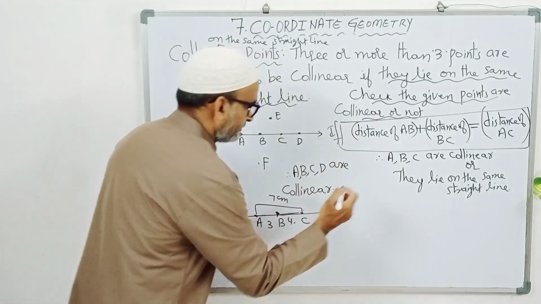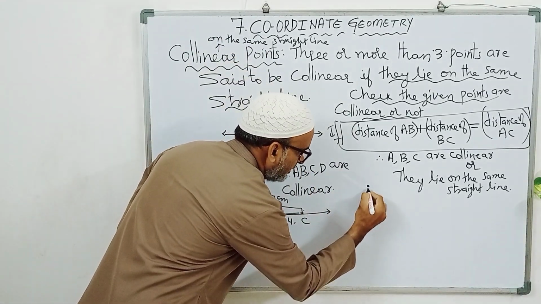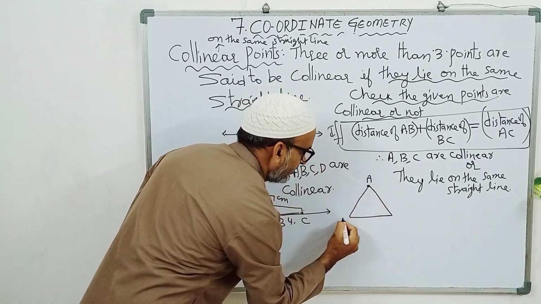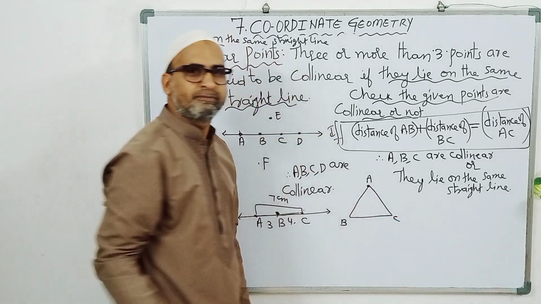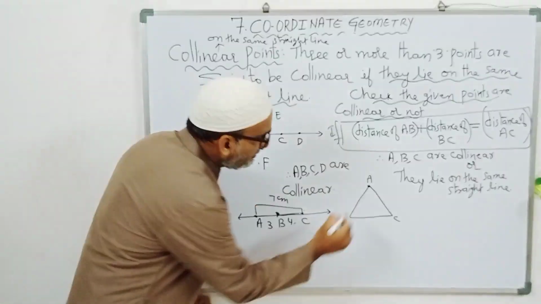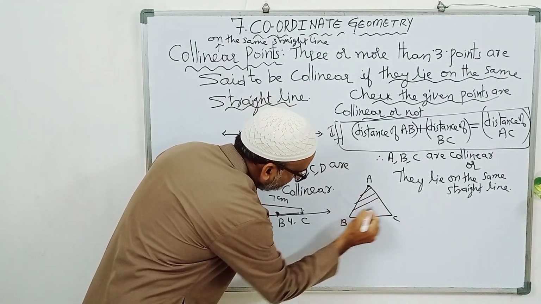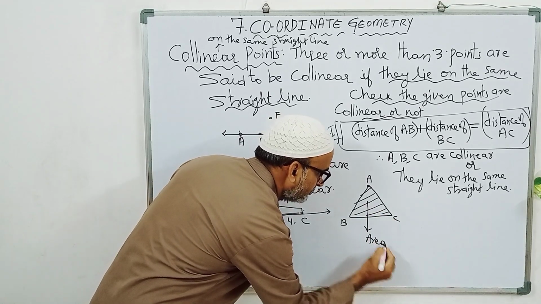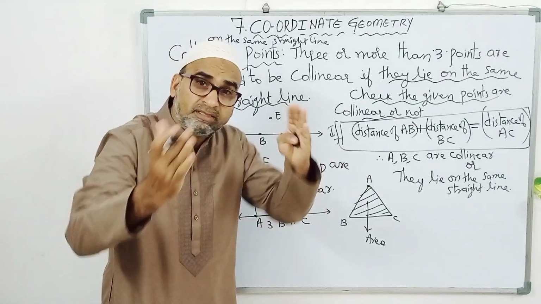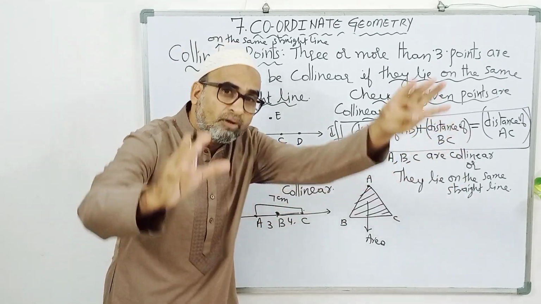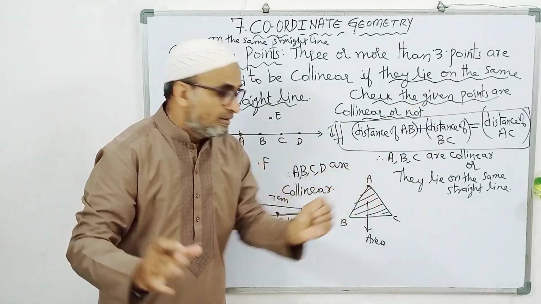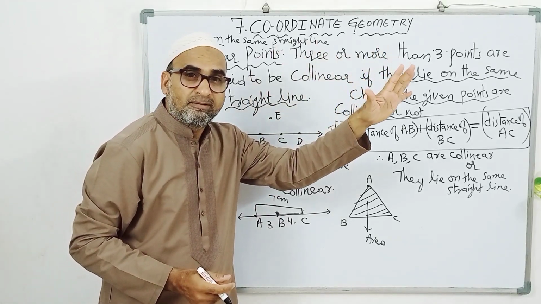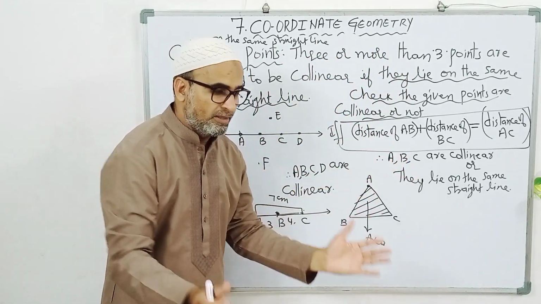Suppose you see this is the triangle A, B, C. A triangle means some area is here. This is called area. A triangle is occupying some area, just as our room is occupying some area. But what happened? Seashore: seas will be there, and on that sand will be there.